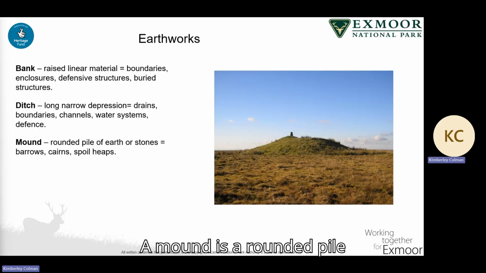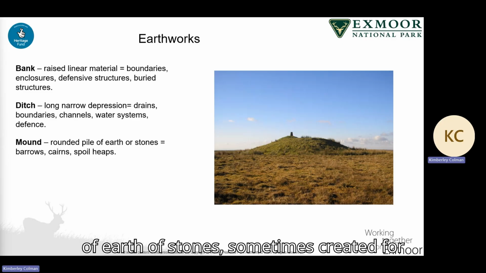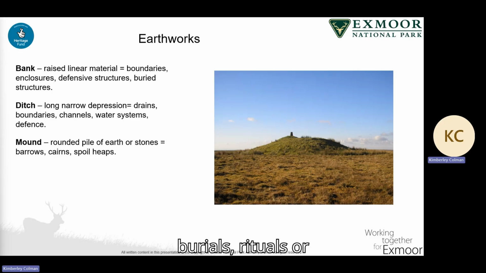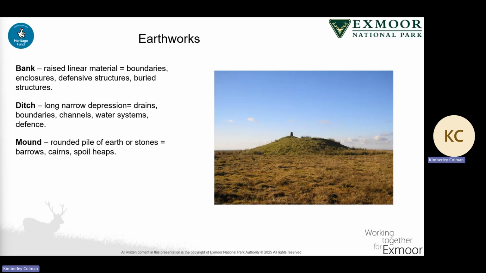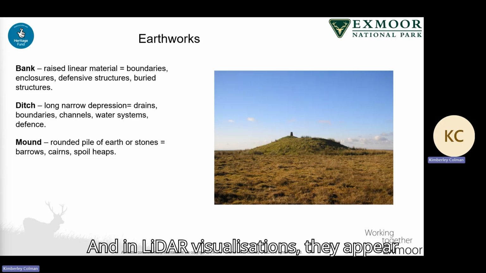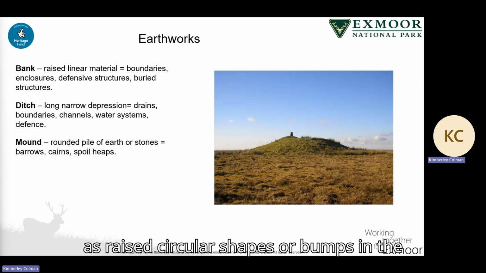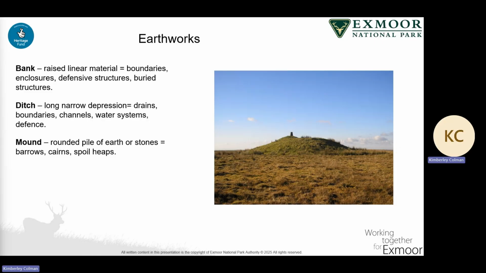A mound is a rounded pile of earth or stones, sometimes created for burials, rituals, or territorial markers. These can be prehistoric barrows or modern features. And in LiDAR visualizations, they appear as raised circular shapes or bumps in the terrain.